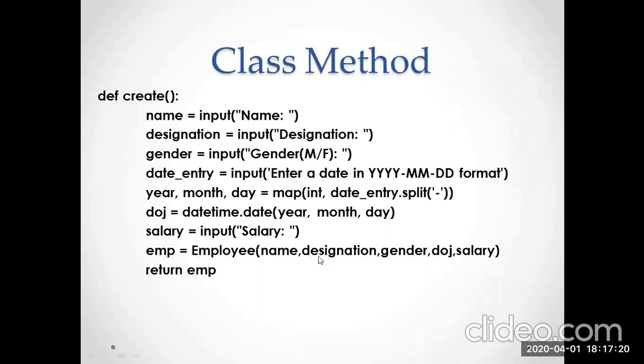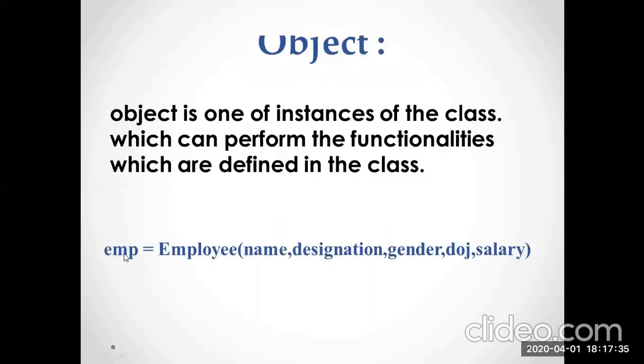And we are passing some parameters to the employee class, which we have just now accepted from the user in the form of the name variable, designation, gender, then date of joining, and then salary. So the syntax of an object is simple. It's just the object name, whatever name you want to have, equal to the class name followed by the parameter list which you want to pass to the class.